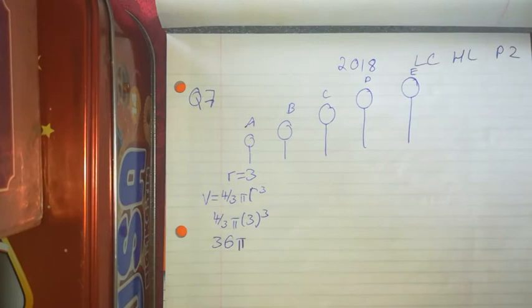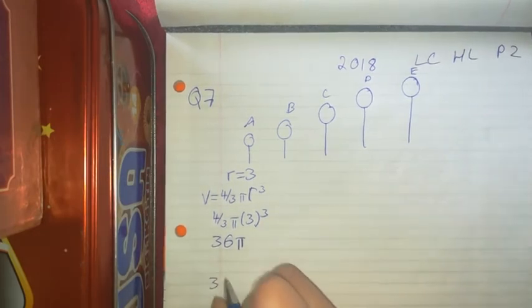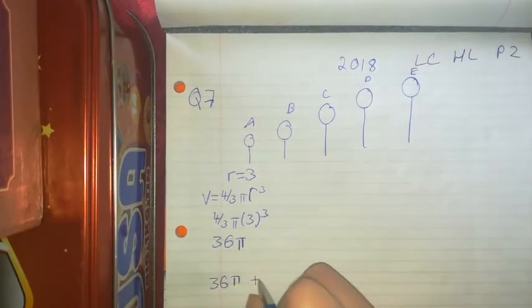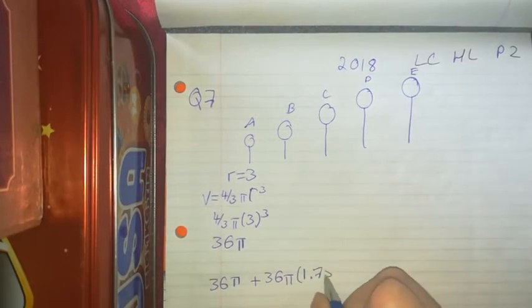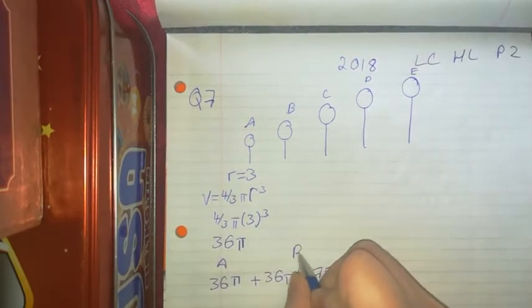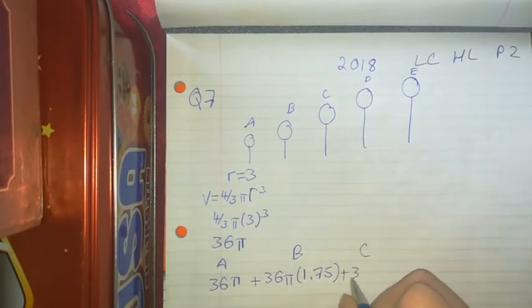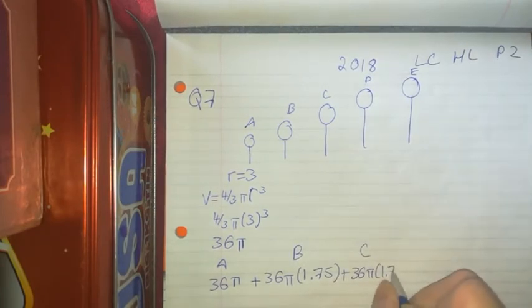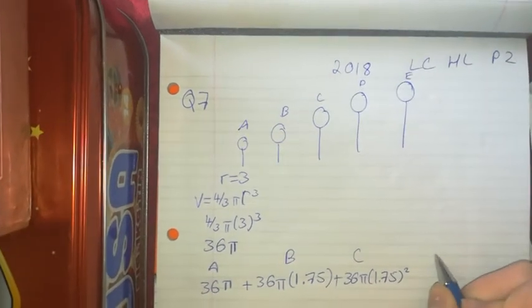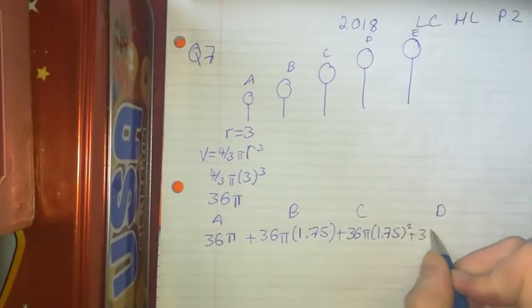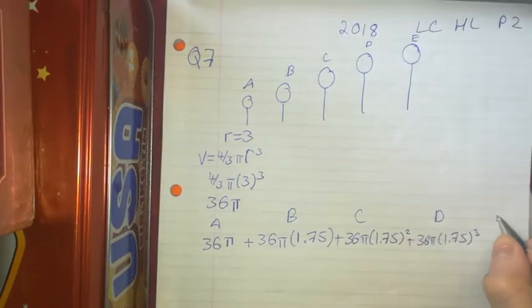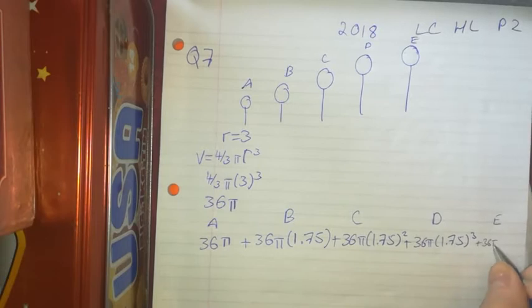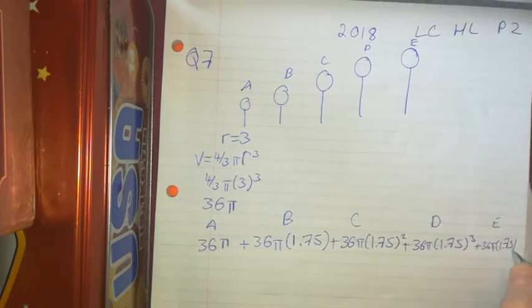So the total volume is going to be A, which is 36 pi, plus B, which is 36 pi by 1.75, plus C, which is 36 pi by 1.75 squared, plus D, which is 36 pi by 1.75 cubed, and then E, which is 36 pi by 1.75 to the power of 4.